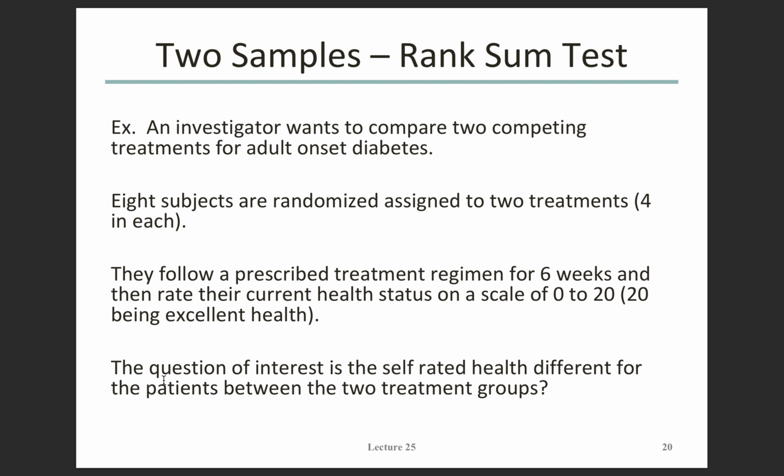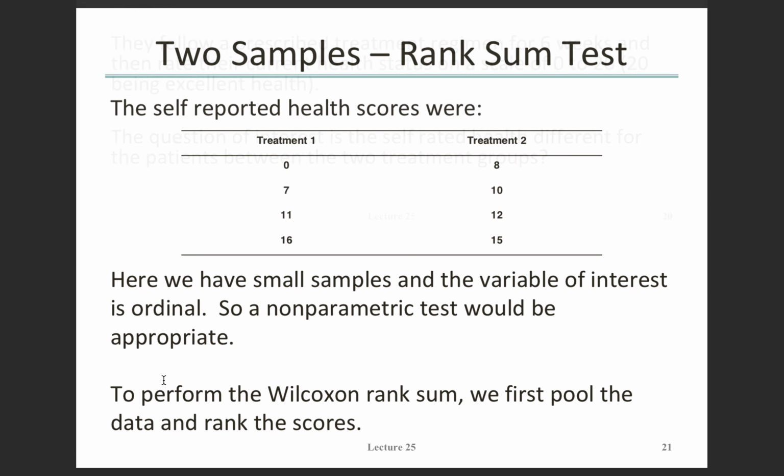The question of interest is the self-rated health difference between the two treatment groups. So here are the numbers, treatment 1 and treatment 2. Here we have small samples, and the variable of interest is ordinal. So a non-parametric test is perfect.